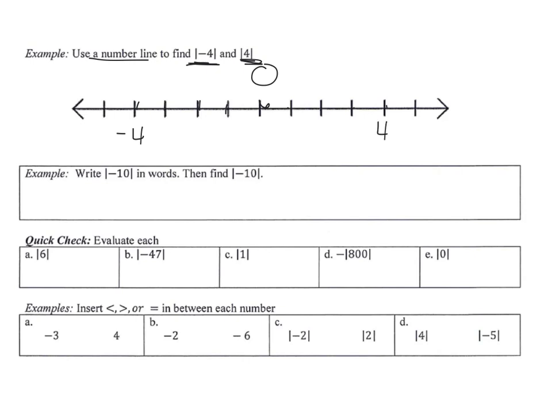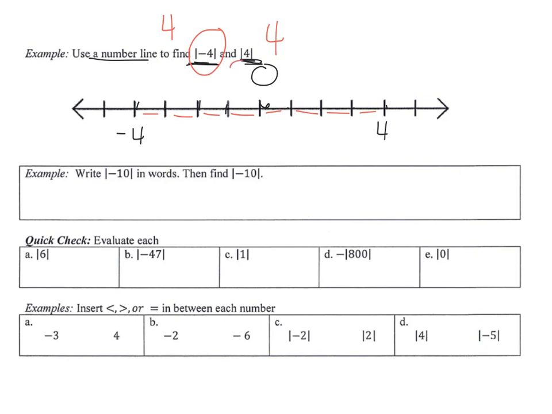So absolute value is the distance -4 is from 0. So 1, 2, 3, 4. So the absolute value of -4 is 4. And the absolute value of 4 is 1, 2, 3, 4. They're both 4 because the distance -4 is from 0 is 4. And this distance is 4.